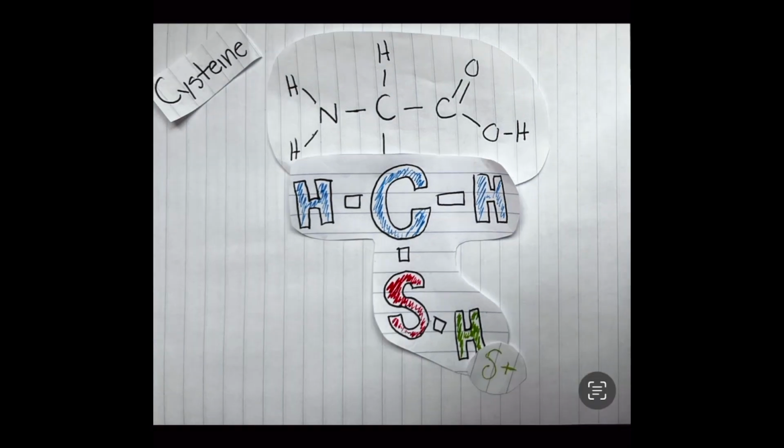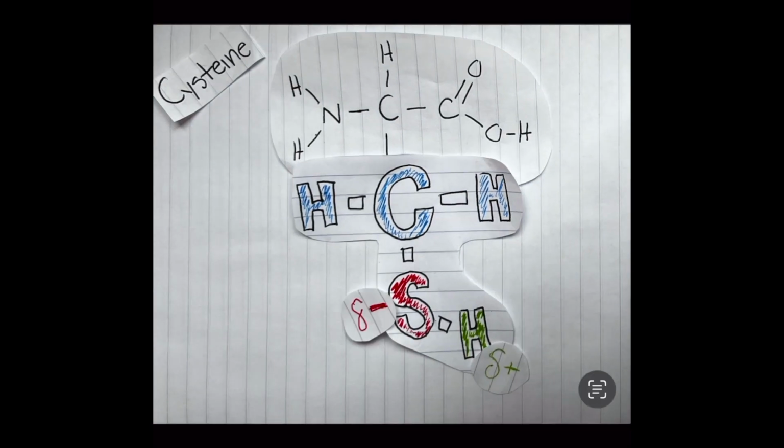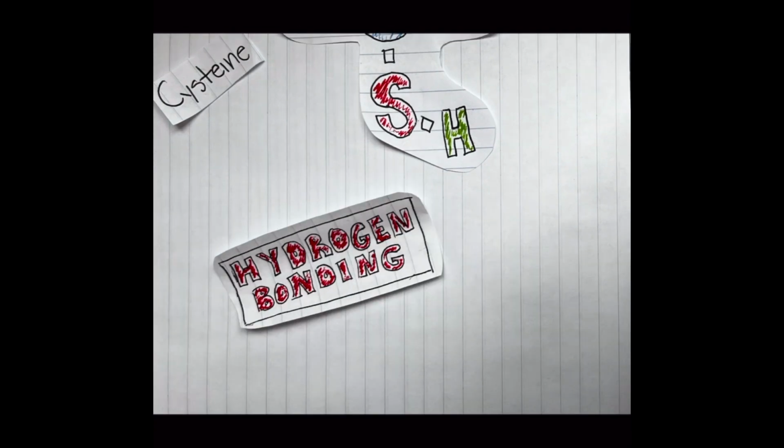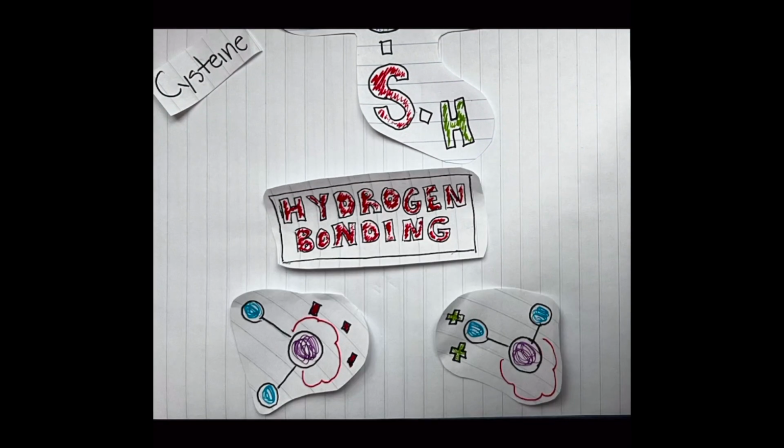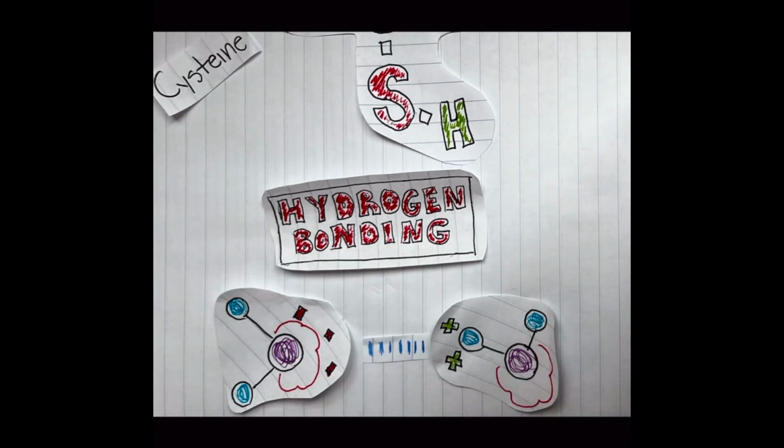The electron density is on the sulfur while the hydrogen has few electrons. This gives the hydrogen a big positive partial charge and the sulfur a big partial negative charge. These bigger and permanent charges allow for hydrogen bonding, which is the interaction between molecules with large permanent partial charges. These are strong IMFs and interact with other charged molecules.